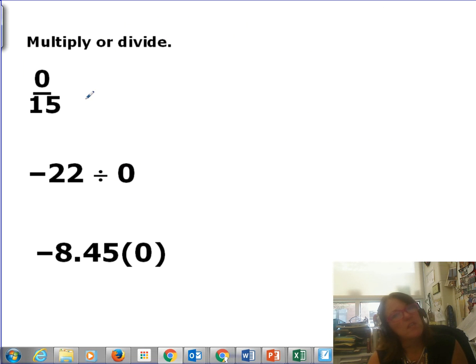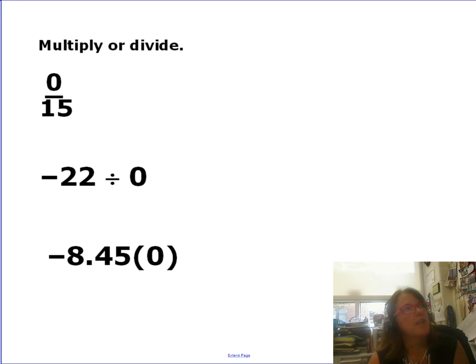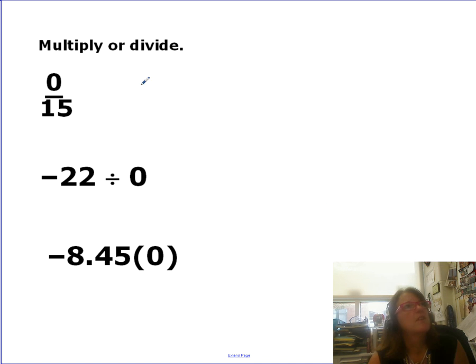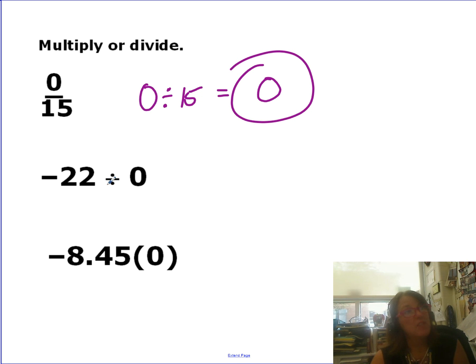So let's look at these. 0 over 15. Is that okay, or is that just plain old 0, or is it undefined? Well, think of it this way. If it helps you, think of this as being 0, fraction bar means divided by 15. You can divide by a number that's not 0. So this is okay. That's exactly 0. But this one, you can't divide by 0. It is undefined.